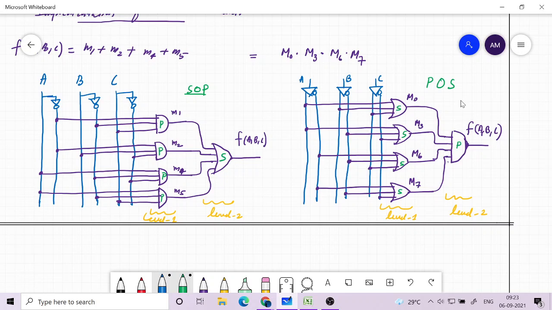So here minterms are 4, 1, 2, 3, 4, and therefore we have 4 inputs. Similarly in POS form, again the number of inputs to the OR gate depends upon the number of variables A, B, C, that is 3, and then the number of inputs to the AND gate, that is in the second level, will depend upon the number of max terms.